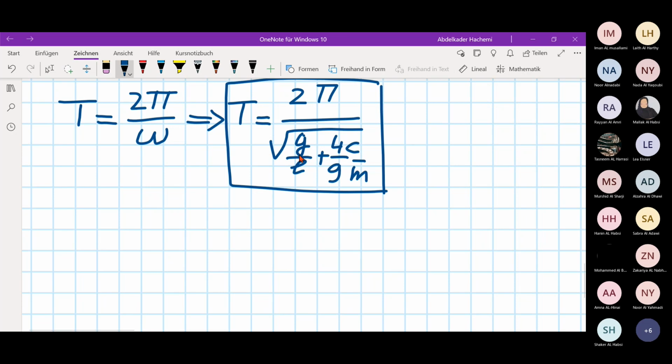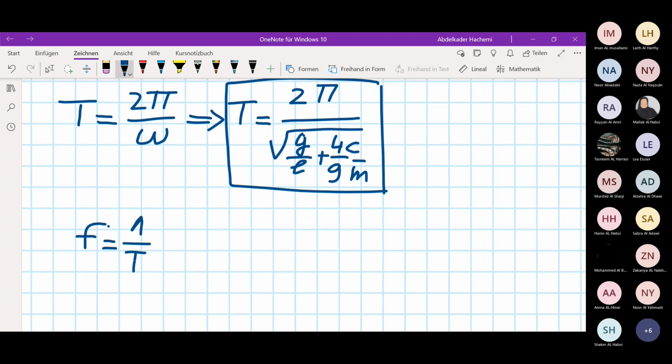and the frequency f is always defined by the following relation, it is only the inverse of the period.